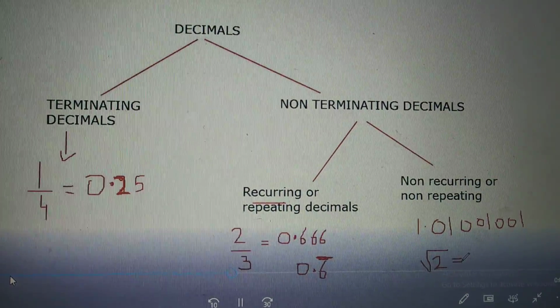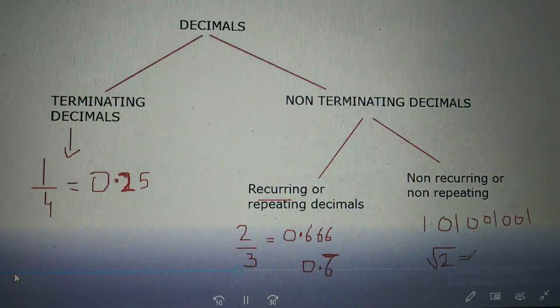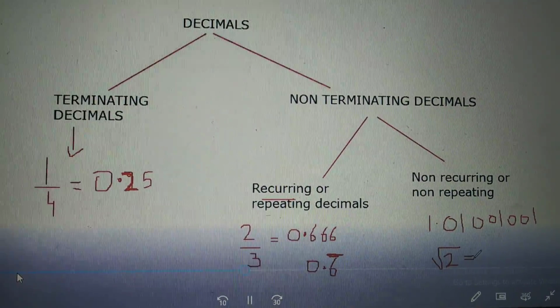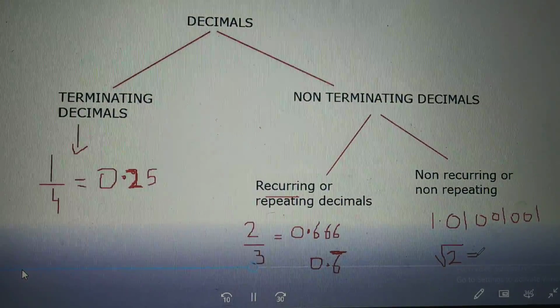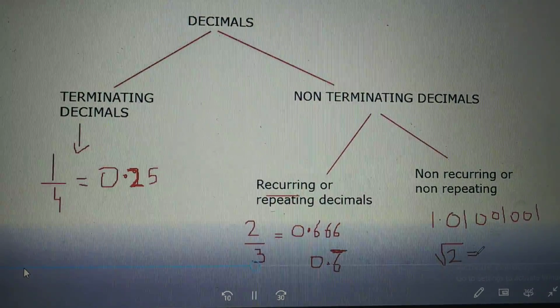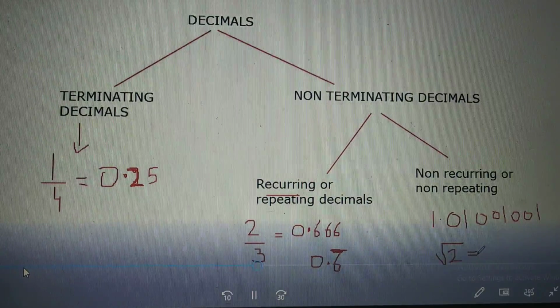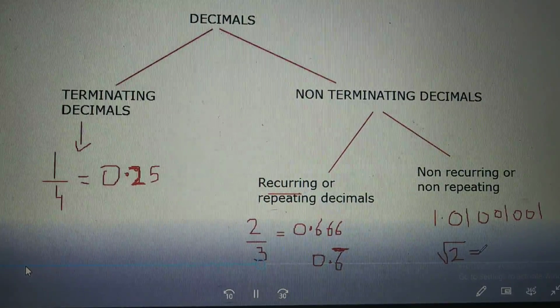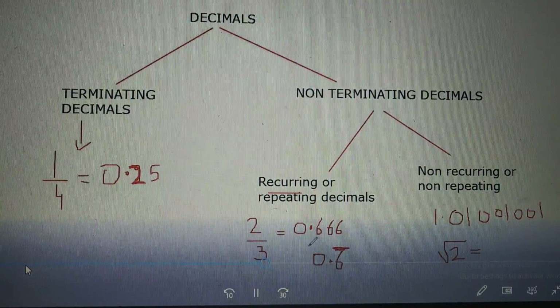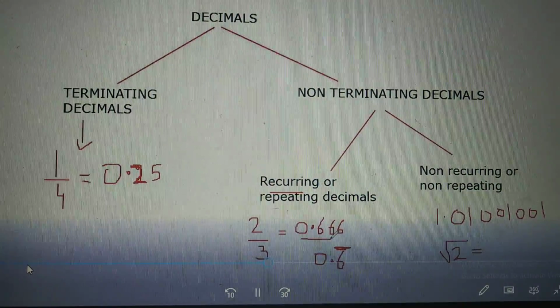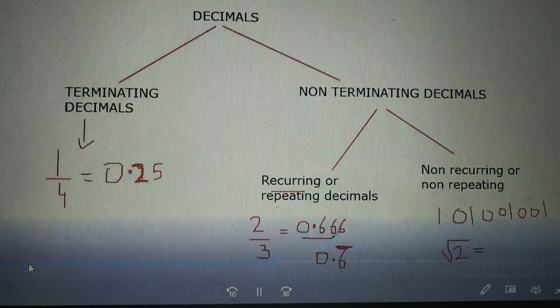So those numbers which neither terminate nor get repeated are called non-terminating, non-recurring or non-repeating decimals. And those numbers which are not terminating but they are repeating themselves, for example 0.666 here, it is not terminating anywhere but it is getting repeated at least.